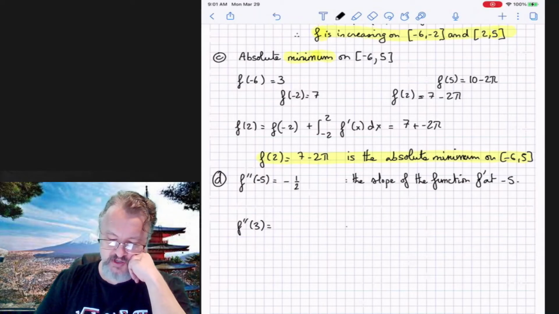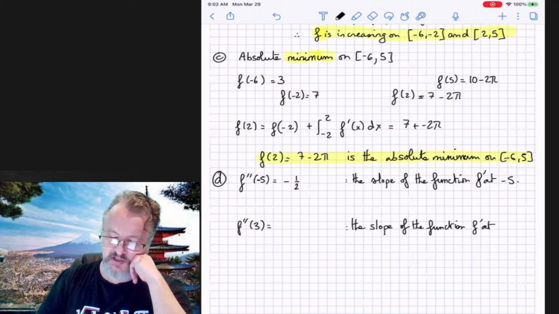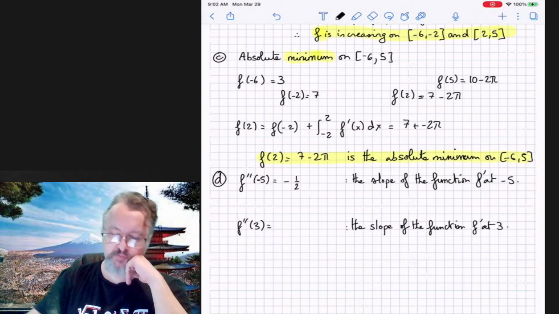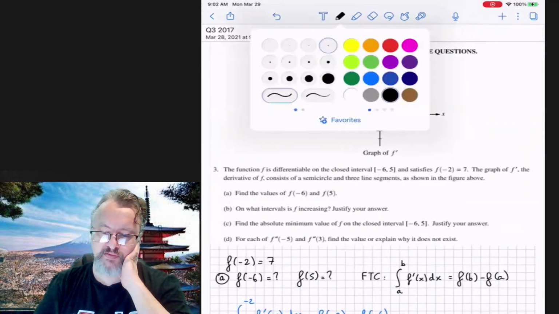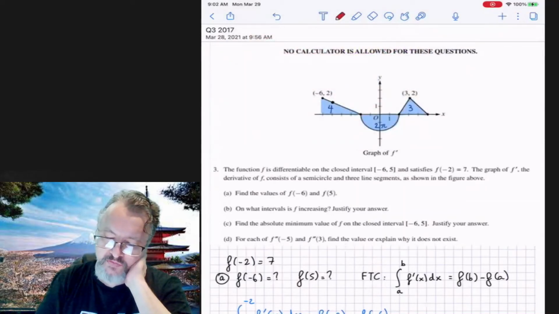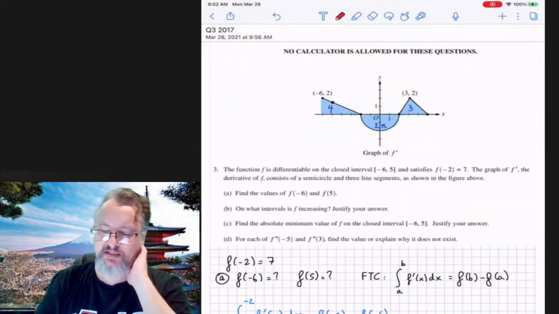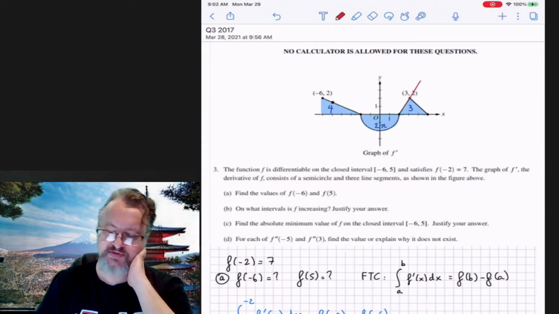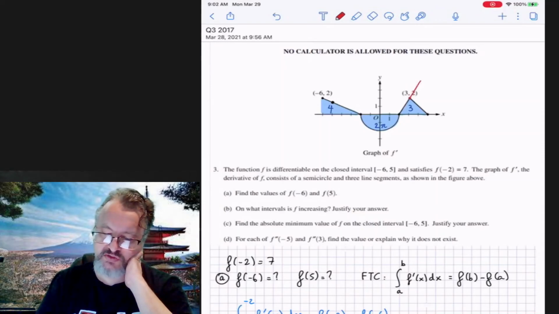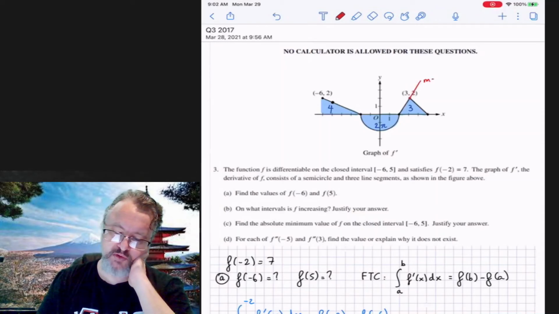Same thing for f double prime at 3. It's going to be represented graphically by the slope of the function f prime at 3. So let's go and look at the picture. At 3, what do we have at 3 right here? At 3, we are over here. So there's a problem right here, because if we take the slope from the left, it's going to be this right here, which is m equal 2.